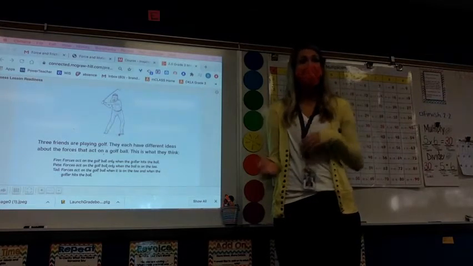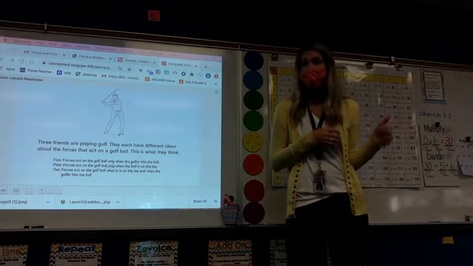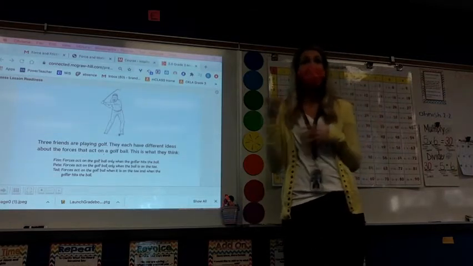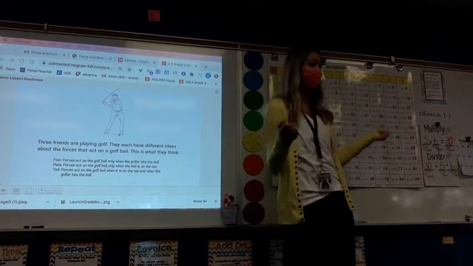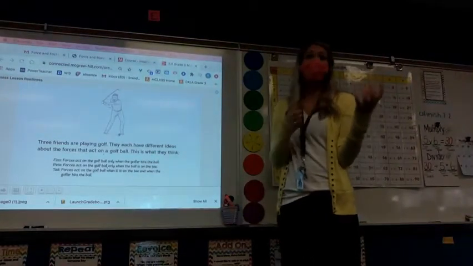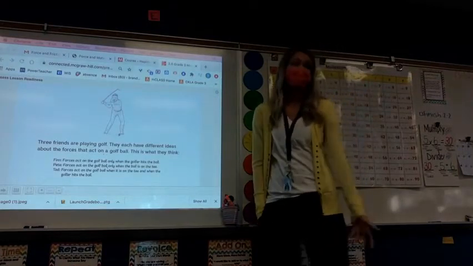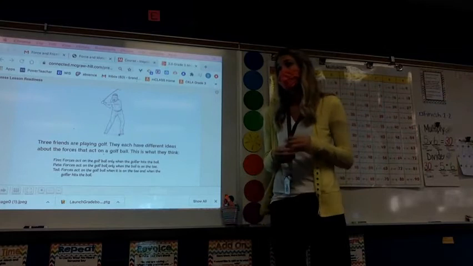Good. So we hit it. We just talked about if we're hitting the ball, what type of force that is, right? It's a push. It's a contact force. So we know that hitting the ball is an example of force. And Apollo's hanging on tight that there's going to be a force still when it's on the tee. What do you think, Alexa?